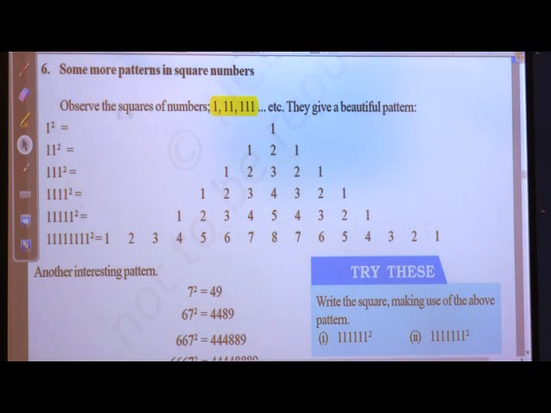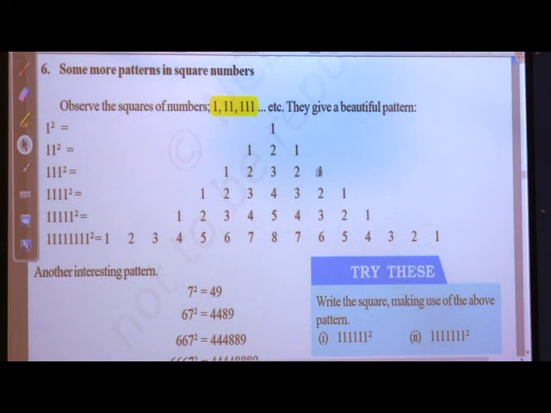1 squared is 1. 11 squared is 121, that is 1, 2, 1. 111 squared is 1, 2, 3, 2, 1.